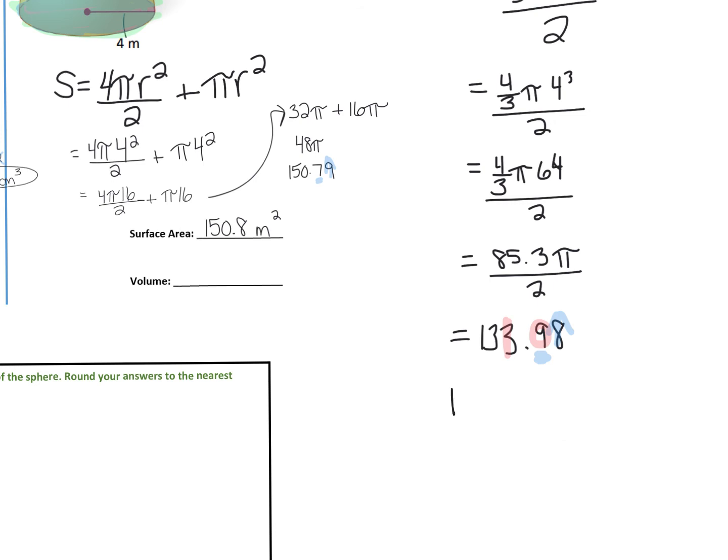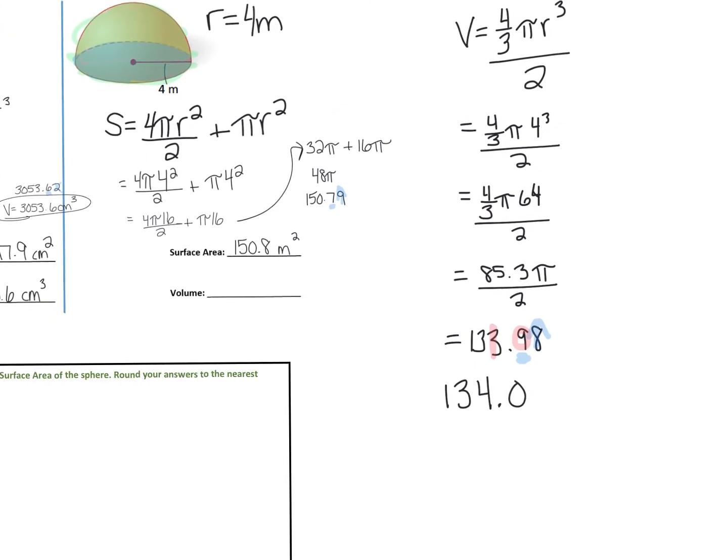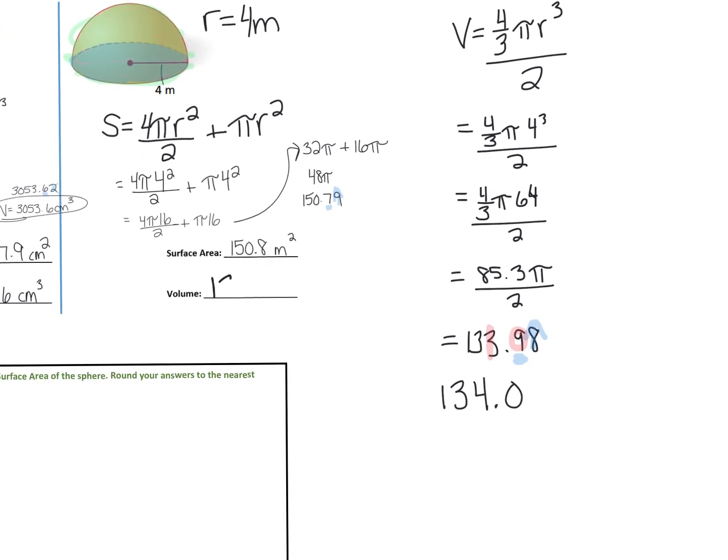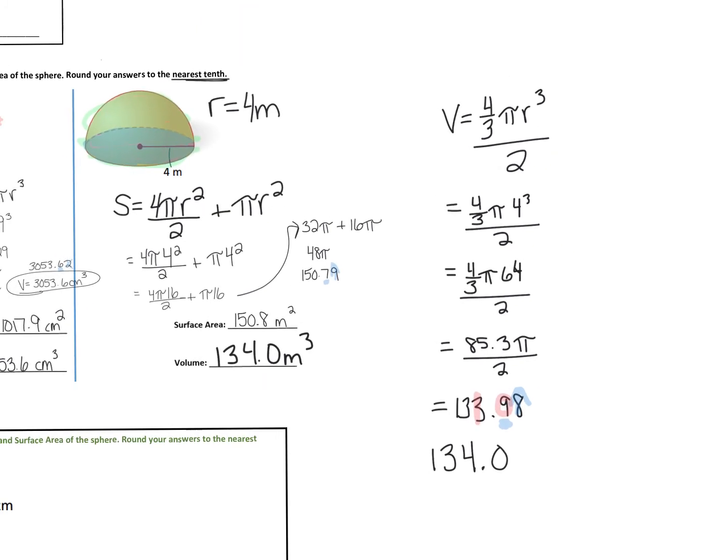Okay, so I will have 134, and because I still need it to be to the tenth, I need to do 0.0. For volume, this is going to be meters cubed. Okay, a lot of work in that problem.